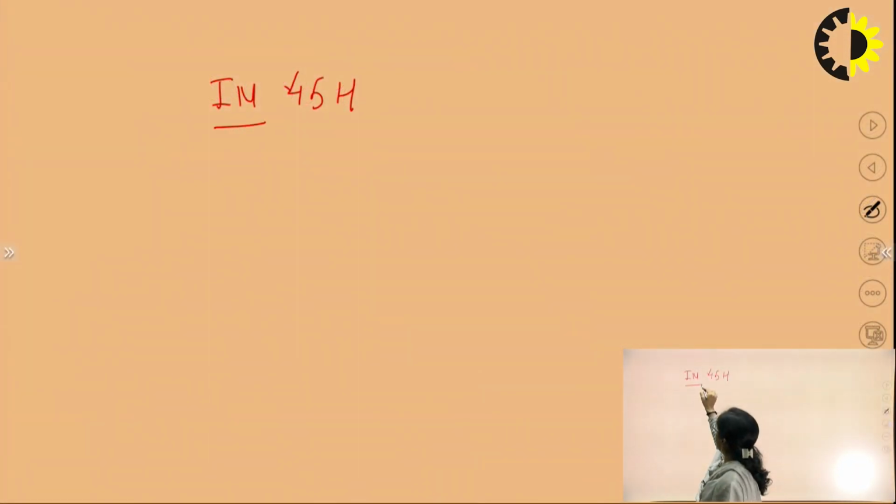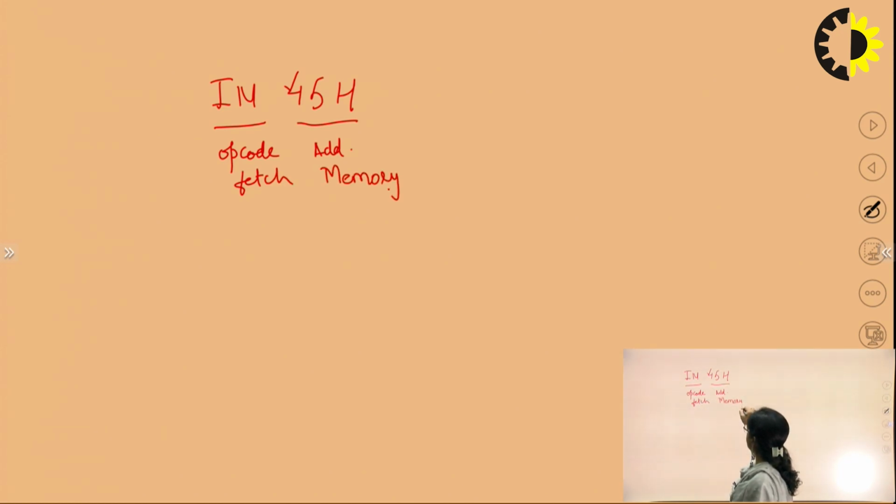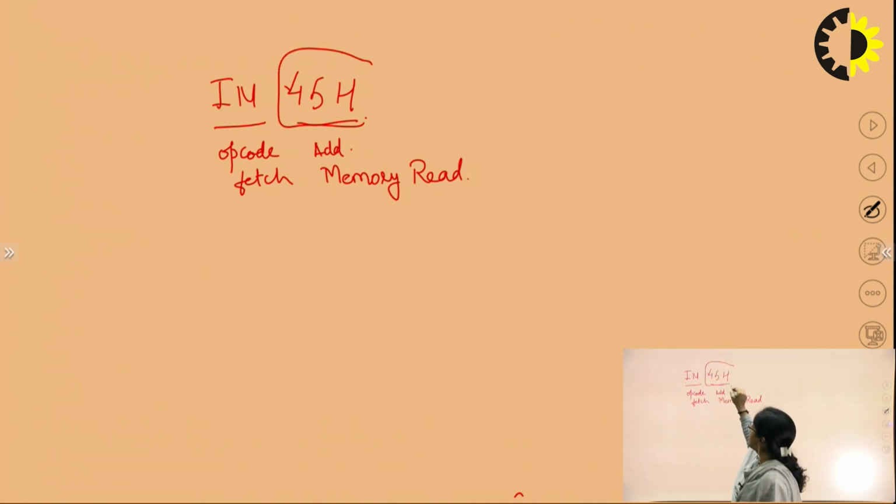Here the opcode will be fetched, then this address will be fetched. So there are two machine operations, one will be opcode fetch, then memory read for the address, and then the third machine operation. The third machine operation is IO read, because microprocessor has to read data from this 45H location. This 45H is the address for an input device.